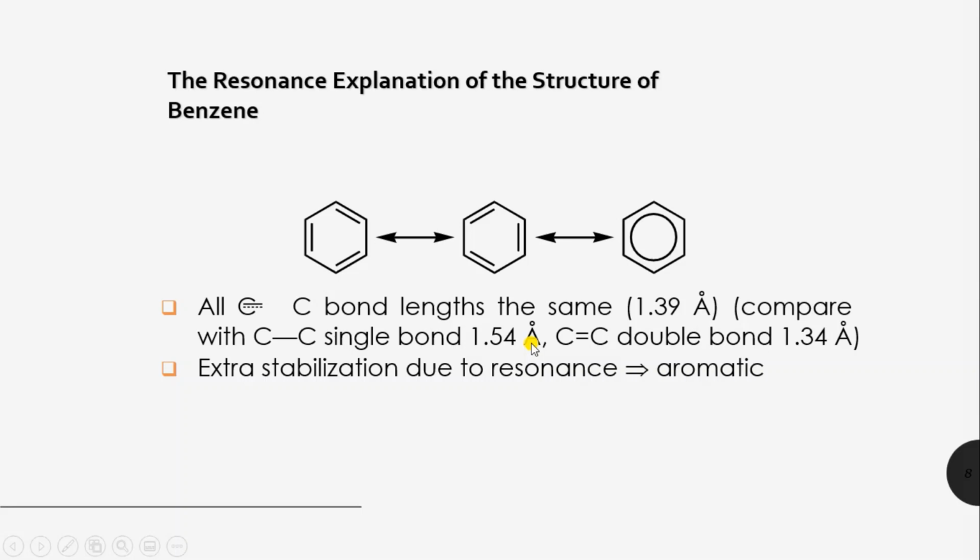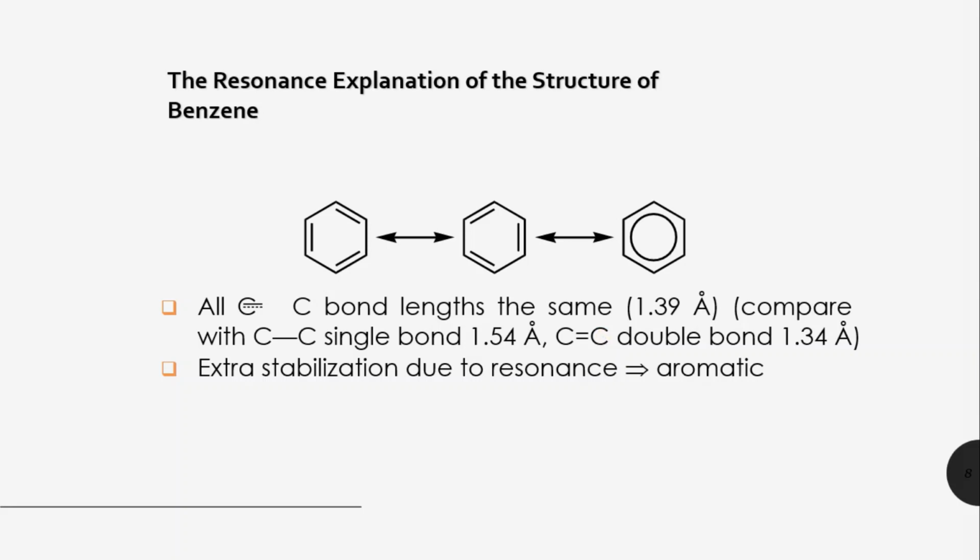So all the bond lengths between the six carbons in cyclohexene are not equal. The C=C double bond length is different from the bond between the double bonded carbon and the single bonded carbon, and the single bonded carbons.